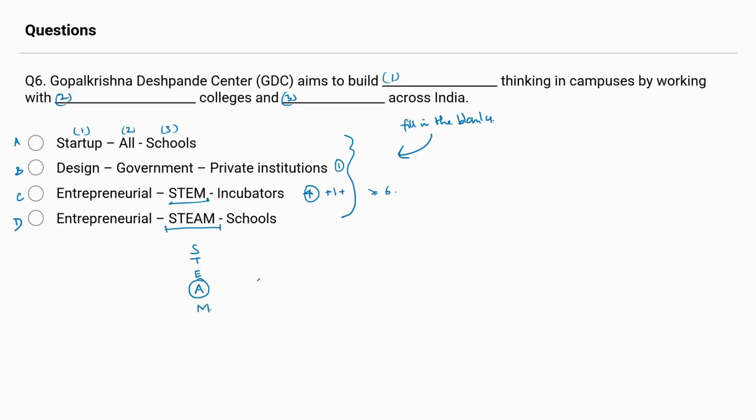You can type in or you can speak. All right. And what is STEAM? What is the A here?